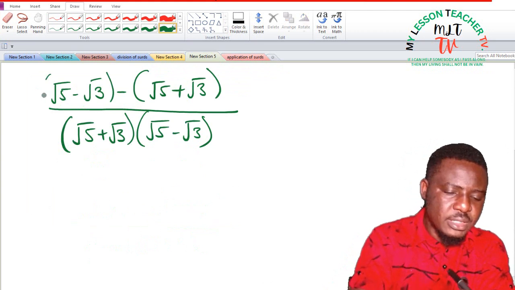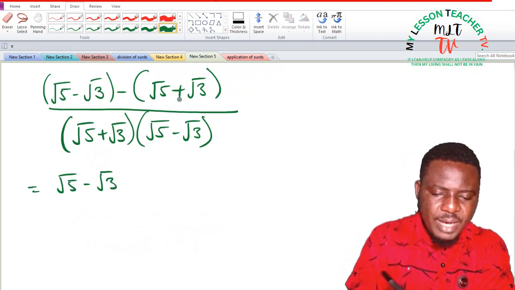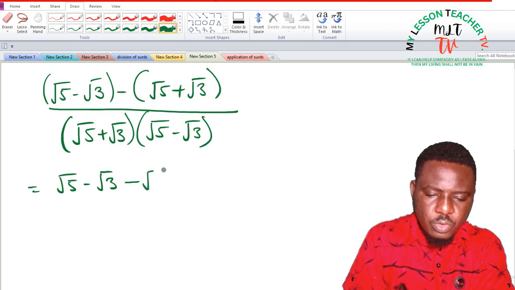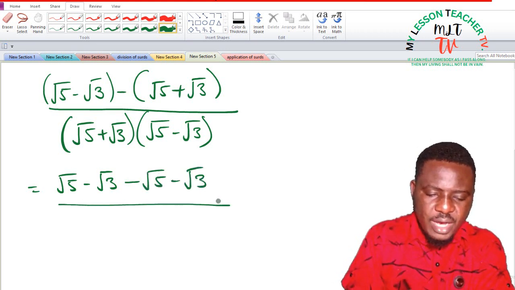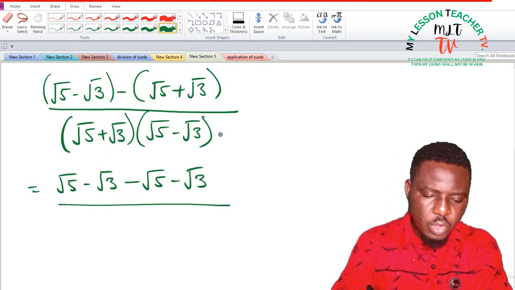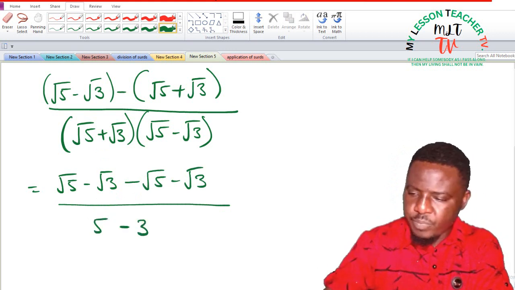So when you open the brackets, this is equal to root 5 minus root 3. Use the minus sign to multiply every term in the bracket. Gives us minus root 5 minus root 3, all divided by, you apply the idea of difference of two squares in solving the denominator. And this gives us 5 minus 3.